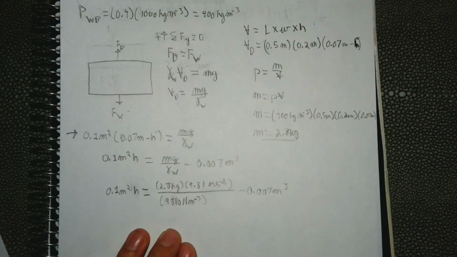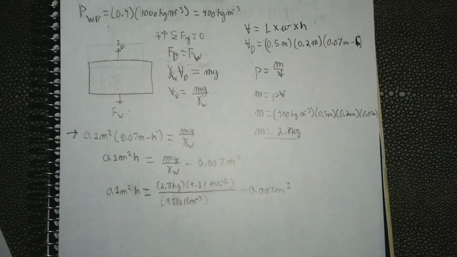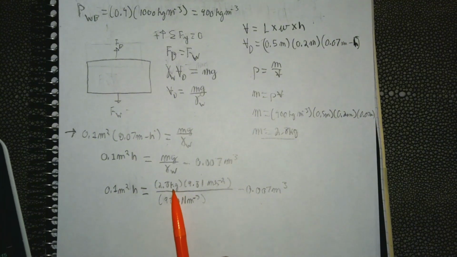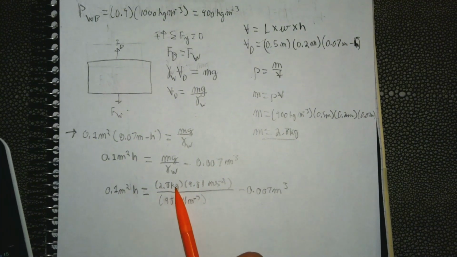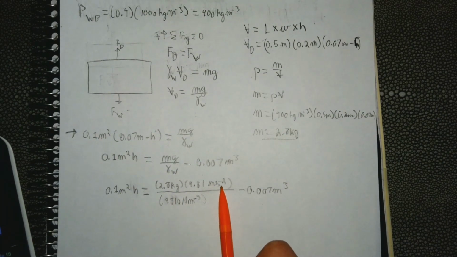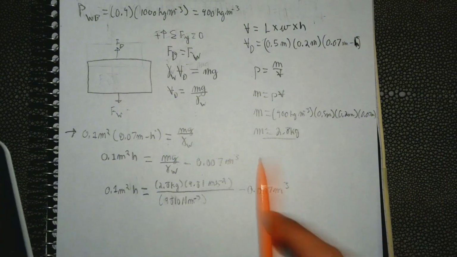Okay, so let's put that in the calculator real quick. Just so you guys know, we gotta remember that kilogram times meters per second squared is equal to 1 Newton. So that's important to remember.